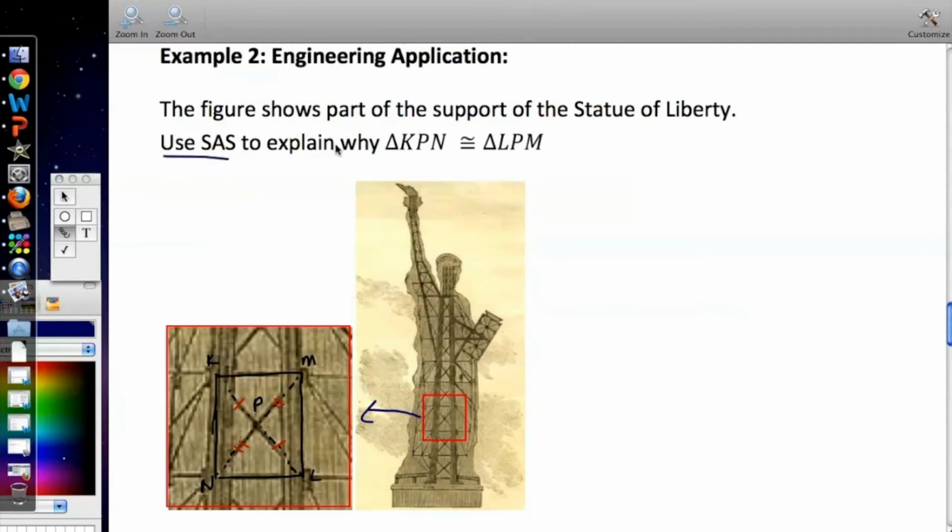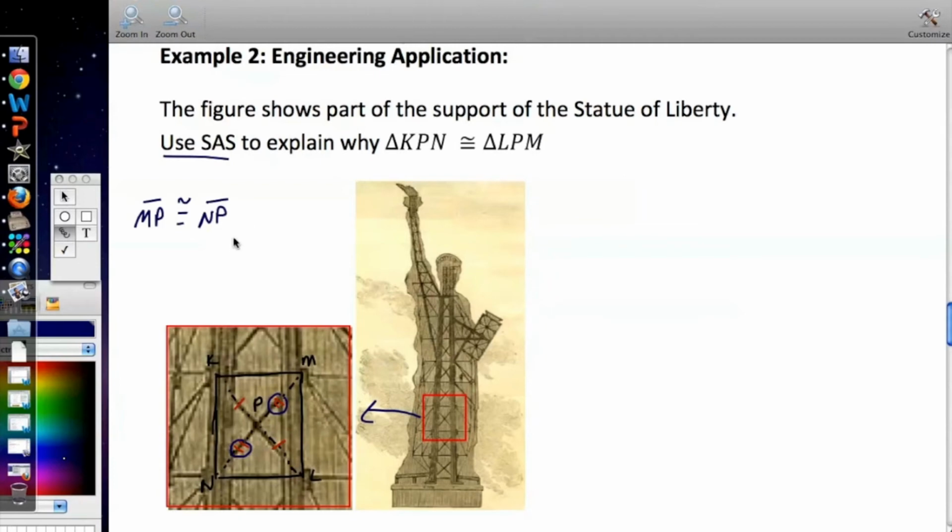So we're going to use side angle side to explain why KPN is congruent to LPM. Well, let's look at this. I have a side congruent to a side. So what I can say is this: I can say that MP is congruent to NP. So that's the side.